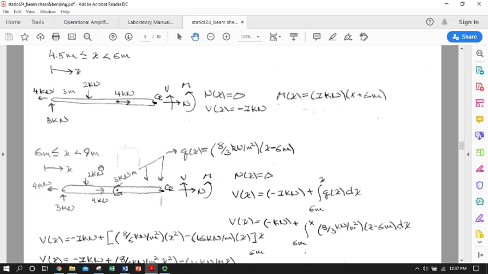So the big changes come in this last region for x greater than or equal to 6 feet, less than 9 feet. So here we've got our distributed load. We've got an expression for it based on its magnitude and at points relative to our x equals 0 coordinate system. So here's our distributed load.